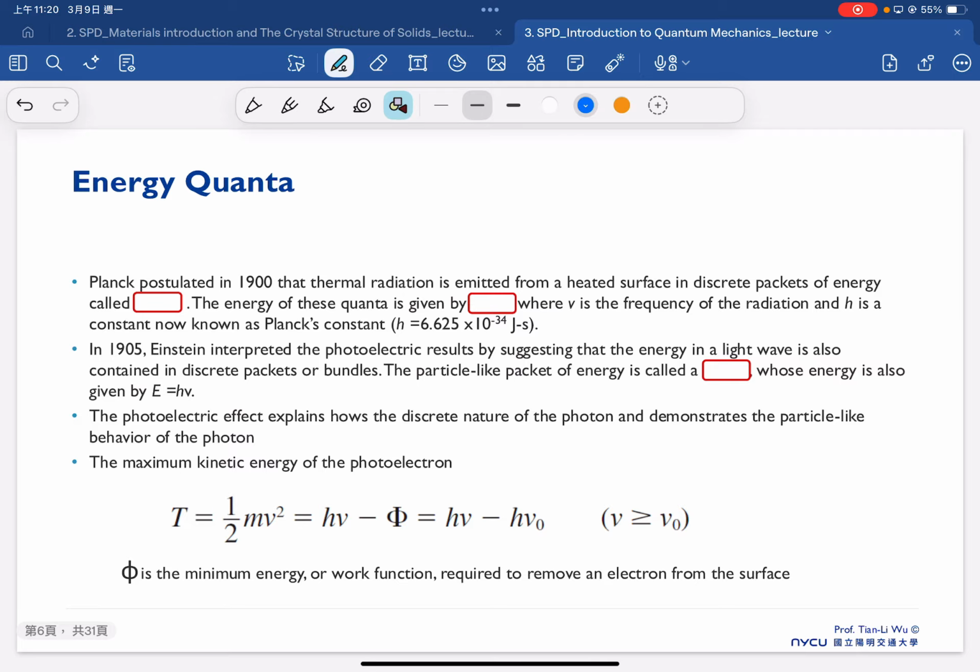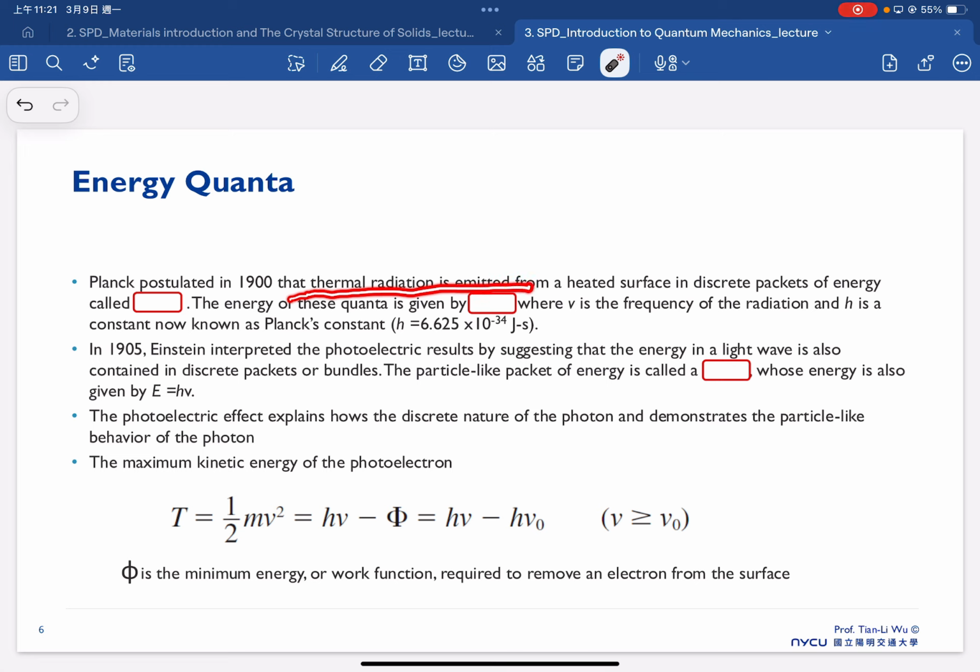And as I said, for the concept of the energy quantum here, this is a very old but very classical concept. Planck in 1900 considered that thermal radiation is emitted from a heated surface in discrete packets of energy that we call quanta.